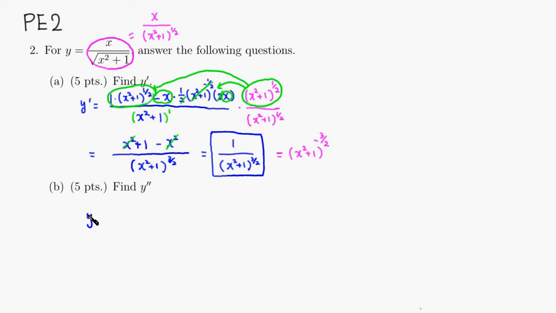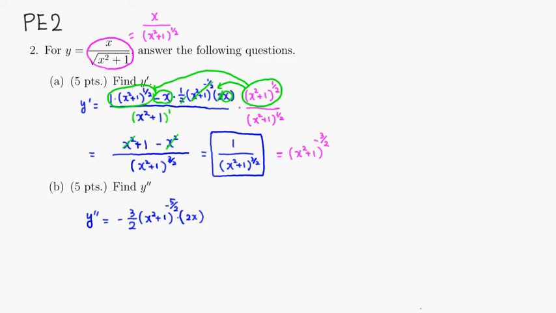So the second derivative, y double prime, is going to be: put the negative 3 halves in front, keep the same quantity, x squared plus 1, then subtract 1 from the power, so it's going to be negative 5 halves power. Then multiply by the derivative of the inside. The derivative of x squared plus 1 is 2x.